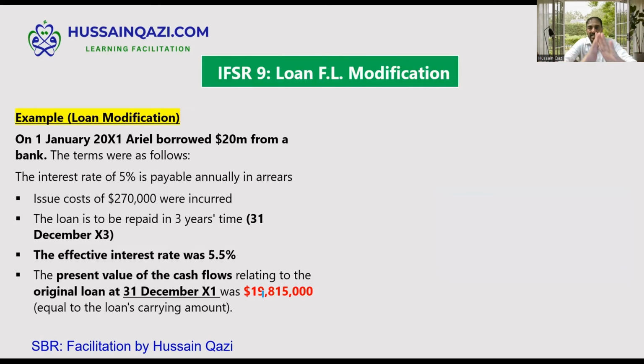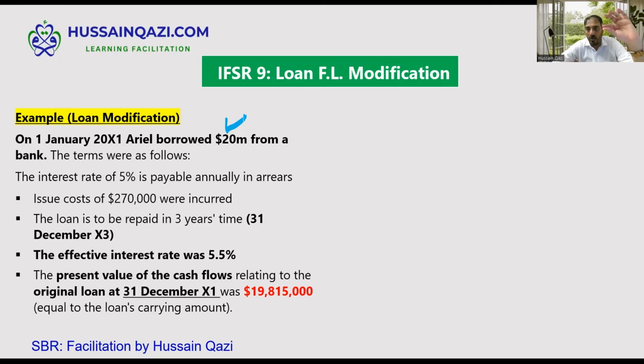Read this example carefully. On 1st January X1, Ariel borrowed 20 million from the bank.